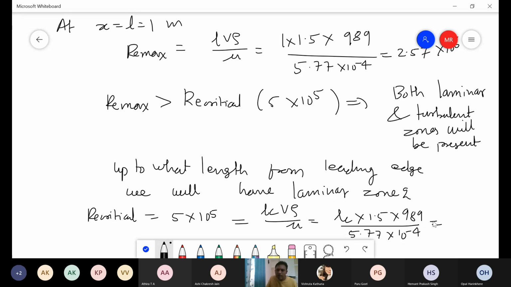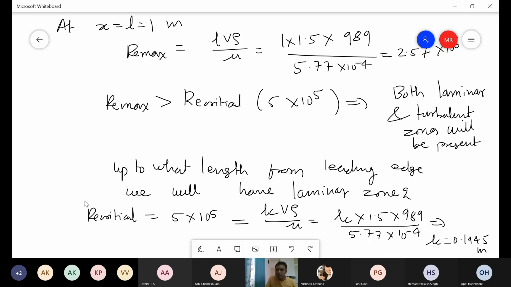So this comes out to be, from this, Lc comes out to be 0.1945 meter, isn't it?